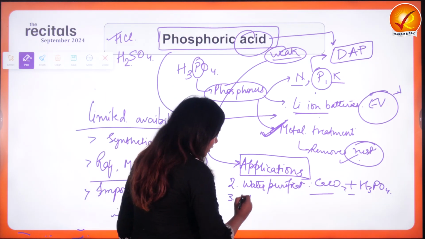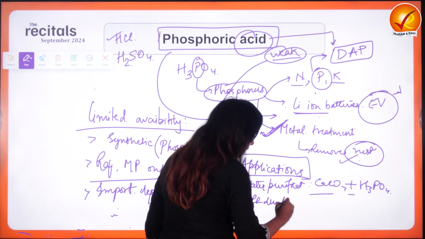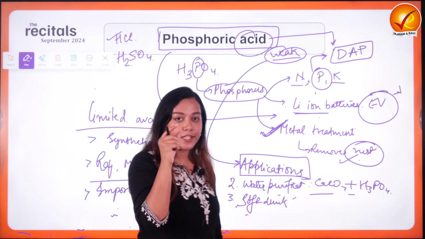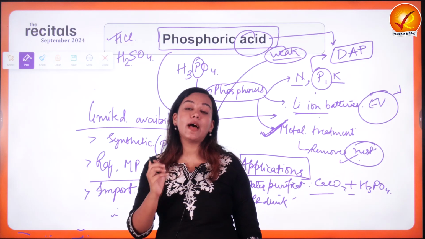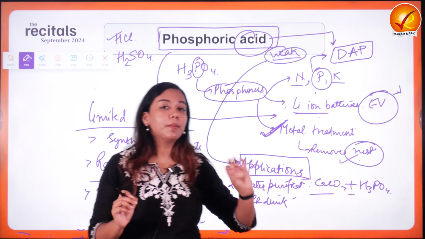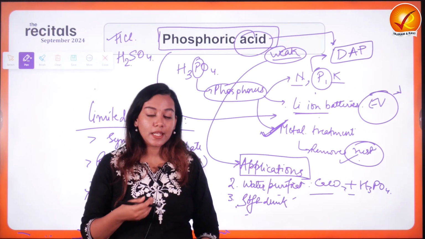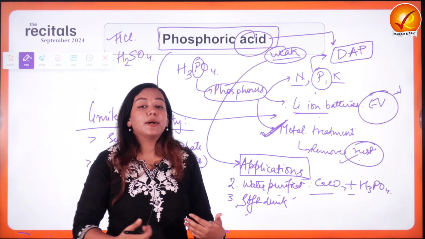Second, it is also used in your cold drinks, in your soft drinks, as an acidity regulator. So in order to add the tangy taste to any Coke or any cold drink, there is the application of some kind of acid. Then they also add the acidity regulator because a good amount of acidity could also erode the stomach lining.